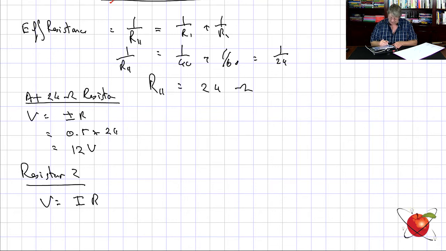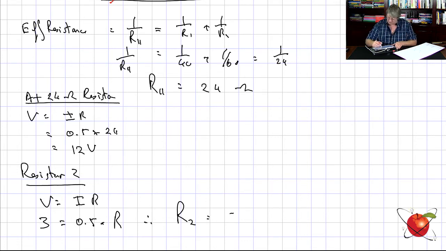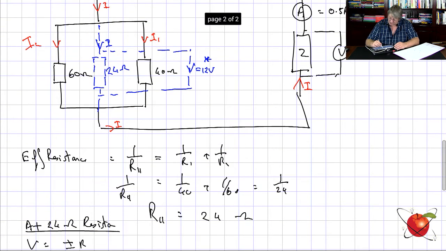Voltage there was, hang on, it said 3 is equal to 0.5 times R. Therefore, R of Z is going to be 3 divided by 0.5, which is 6 ohms. Okay? 6 ohms. So I go back, let me fill you in, keep it as blue, and I say you are 6 ohms.